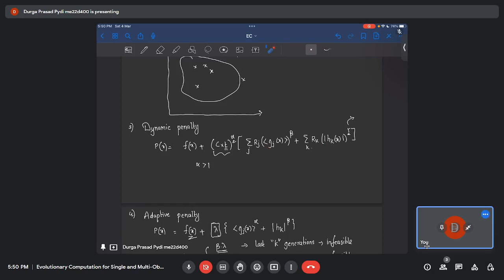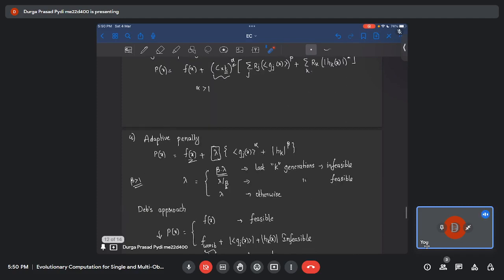It matters only for the infeasible case, which is what we do in adaptive penalty. If you are continuously getting infeasible solutions, only then you increase the value of penalty. You wait for some generations, and if it is not getting any better, then you increase the penalty.